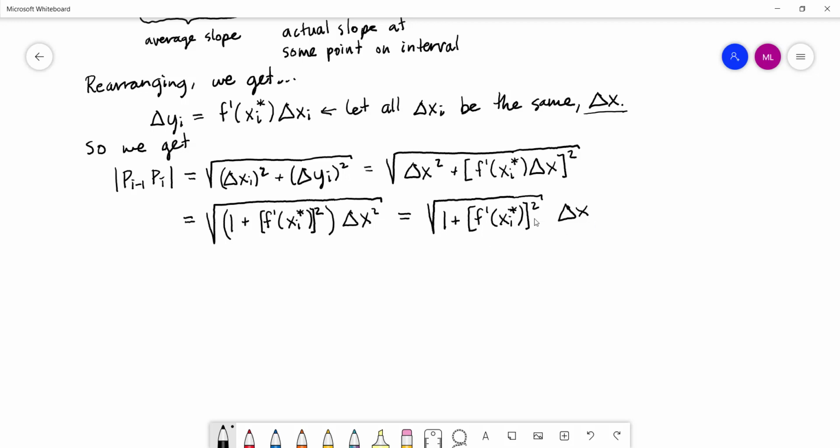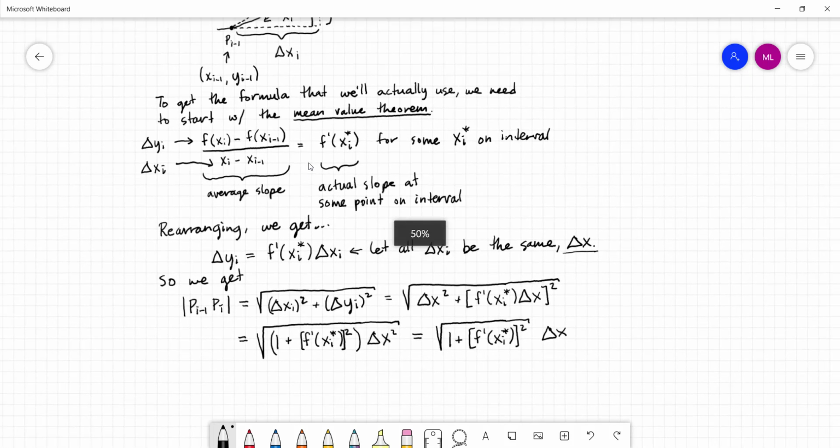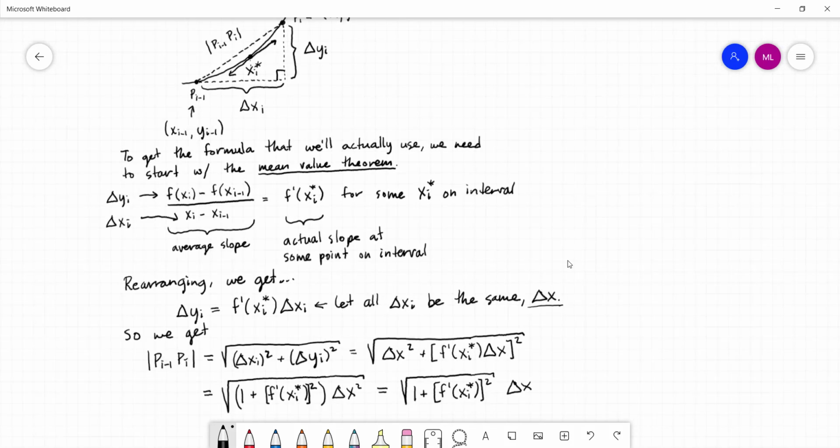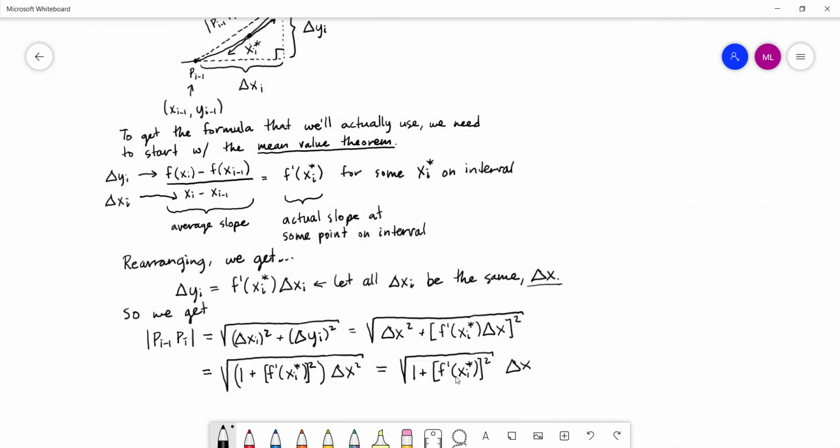Okay, so I've got this new expression for this little length, the straight line length. This is our expression for the length of the hypotenuse. The only thing that we need to keep in mind is it's in terms of the slope at some point that happens to be somewhere in that interval. So far that's all we've got.